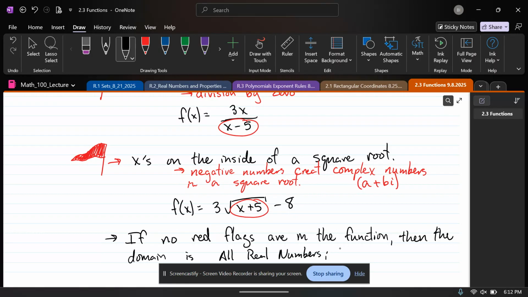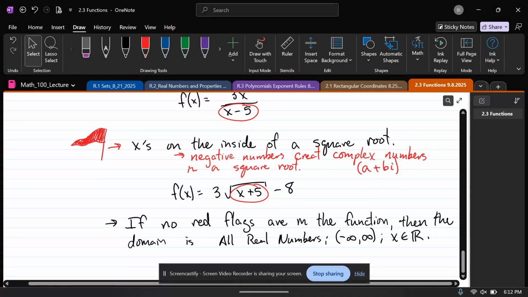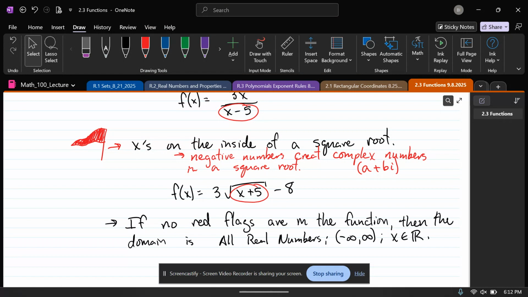Or you could write it -infinity to +infinity. Or you could write that x is an element of the real numbers. That's the notation for that. We're going to learn that as we go here. So if there's no red flags, then automatically all real numbers. If there's red flags, we've got to deal with them, and I'm going to teach you how to deal with them.